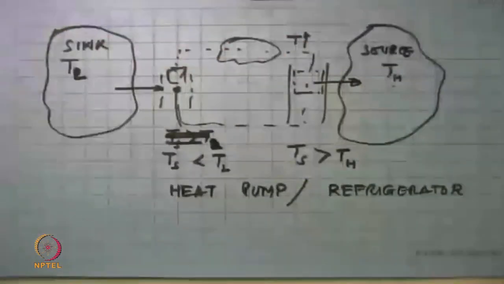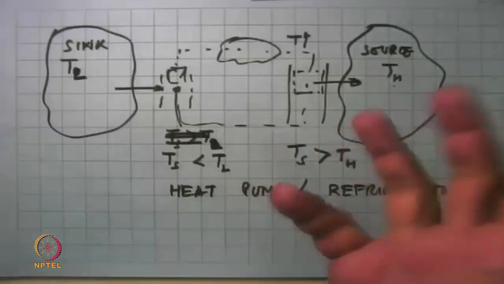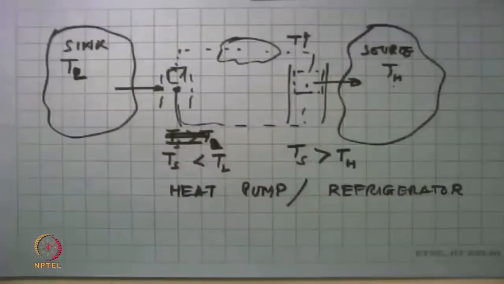That is possible. These days you are beginning to see those types of devices being marketed, where in summer you can use it as an air conditioner, and in winter you switch a few knobs here and there, and it will act like a heat pump, and you can use it as a heater in winter. So those devices are now there in the market. Okay, so that is there.